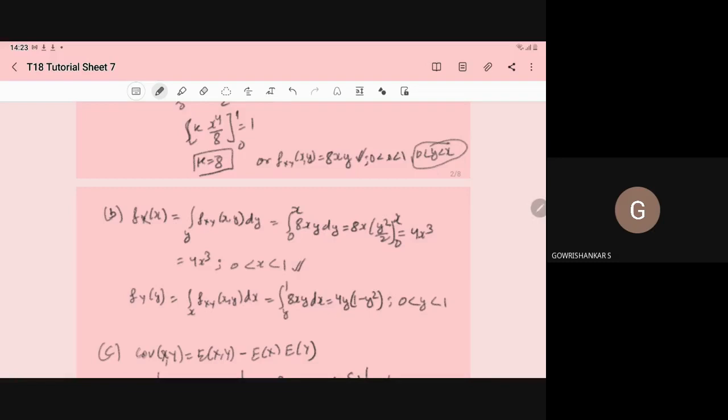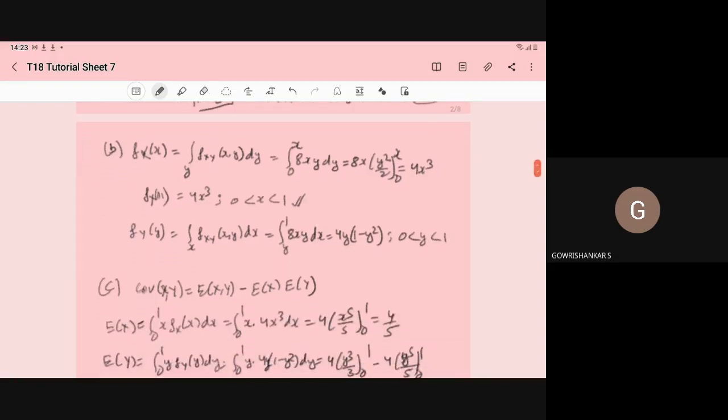So this is the marginal density for the x, right? And when we have to compute the marginal density for the y, fy of y will be the integration over x of the joint PDF fxy with respect to x. Here it will become integration from y to 1, right?